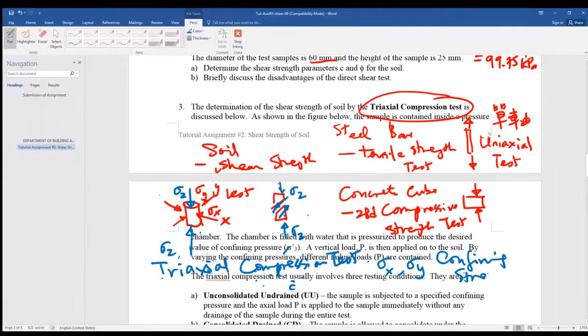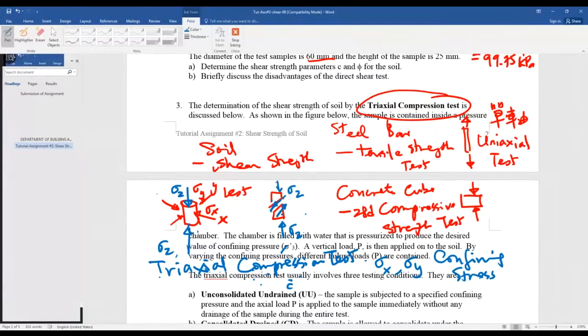It means that the specimen is surrounded by the stress, right? By the horizontal stress. Sigma x and sigma y are the horizontal stress, right? Coming from the left or the right or in the front or at the back. So the stresses are confining the soil specimen. The deeper the depth below the ground surface, the confining stress will become greater and greater, right?